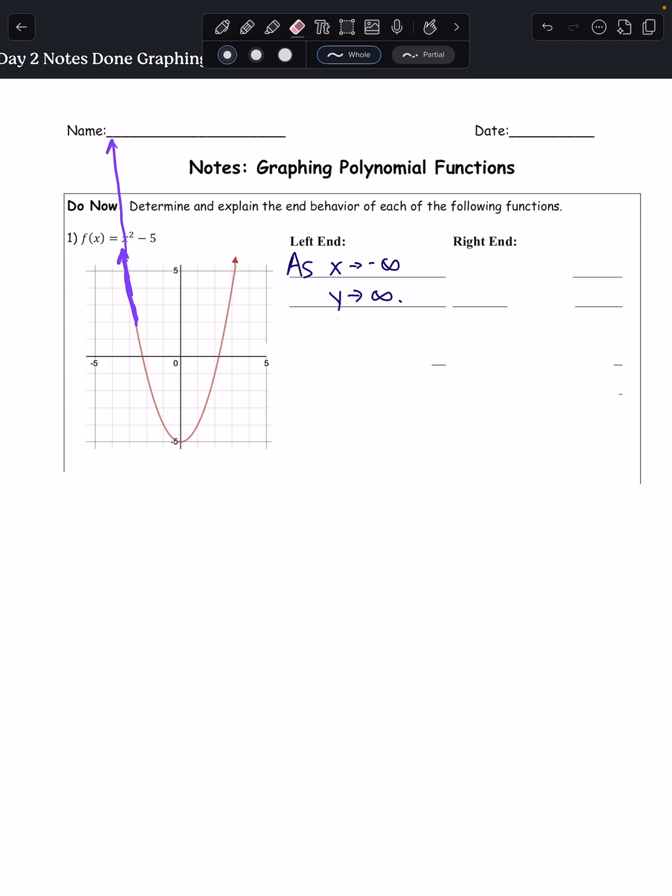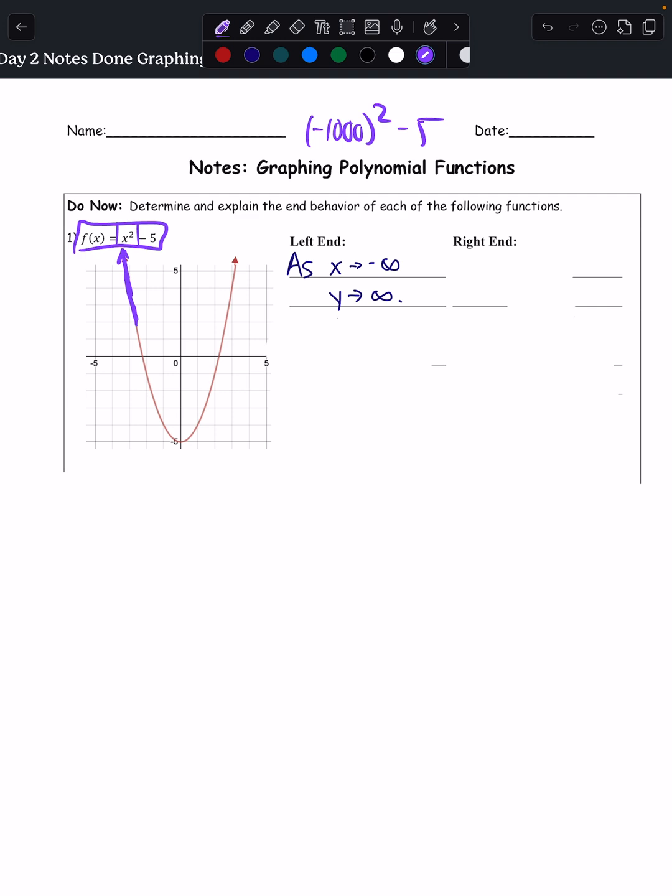Now think about why that's the case. In this equation, what is impacting our output the most? It's that x squared. Say we plug in something that's close to negative infinity, let's plug in negative 1,000 squared minus 5. That's just going to be positive.